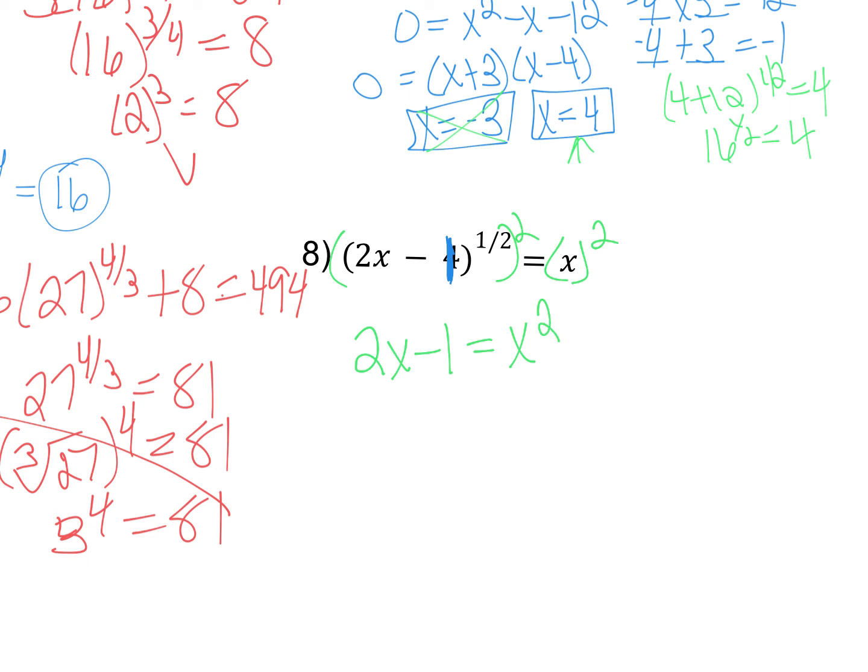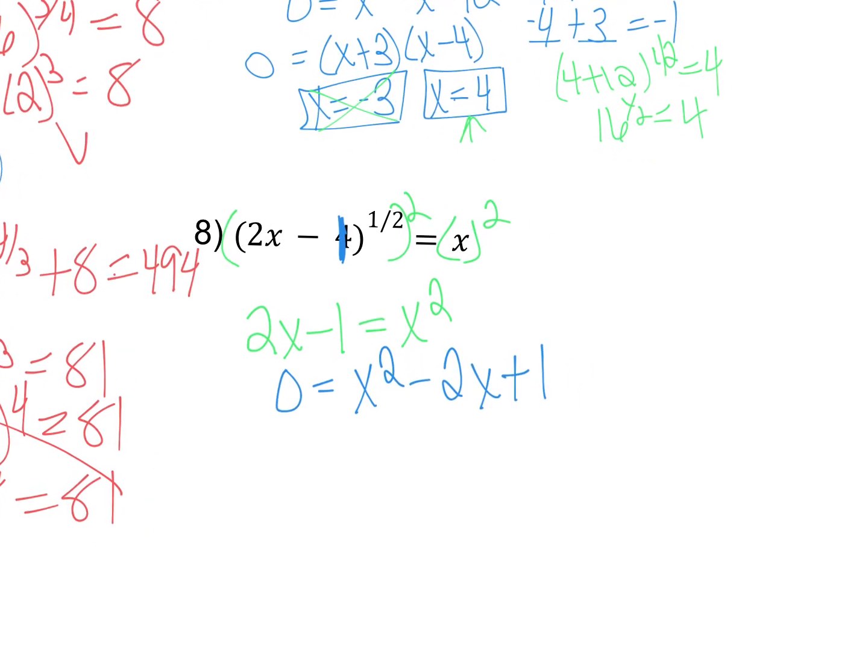Okay, since it's quadratic, we need to make sure that we get it set equal to 0. So I'm going to subtract 2x and add 1, and I will end up at 0 equals x squared minus 2x plus 1. When I go to factor that, I'm thinking, all right, what times what gets me +1, and what plus what gets me -2.